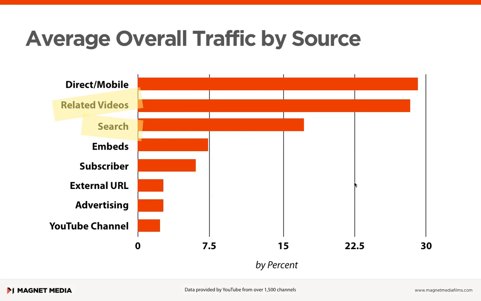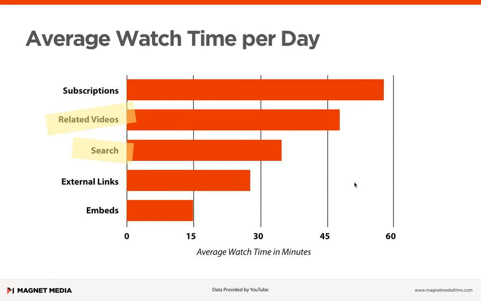So you can't get into these areas with just views alone. Also, we'll take a look at those same related videos and search on the average watch time per day. You'll see that those certainly do drive higher watch times than things like external links or embeds. I also do want to go ahead and point out that some of the highest watch times are actually coming from your subscribers or subscriptions in general.